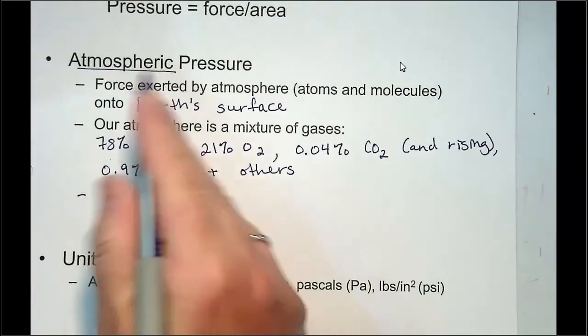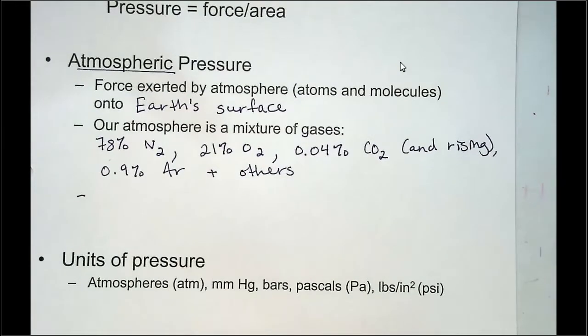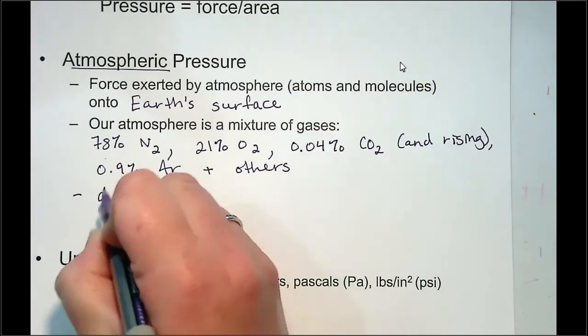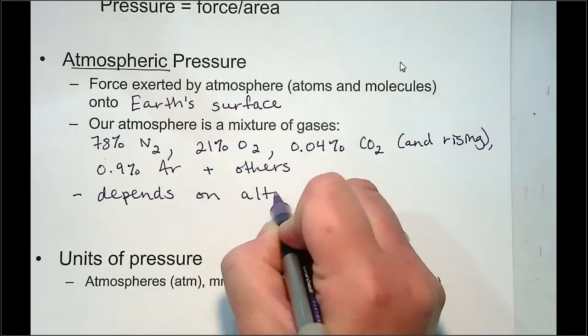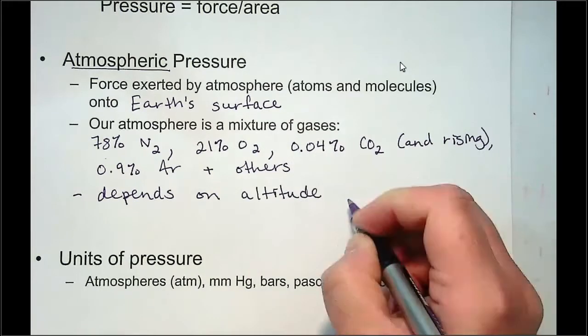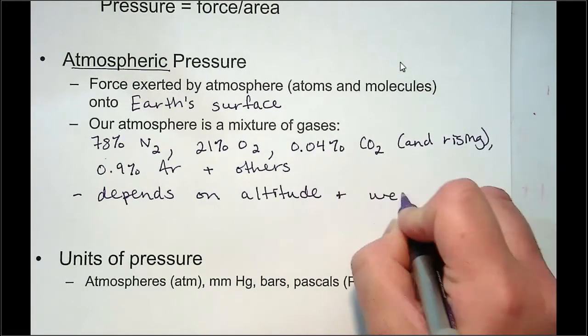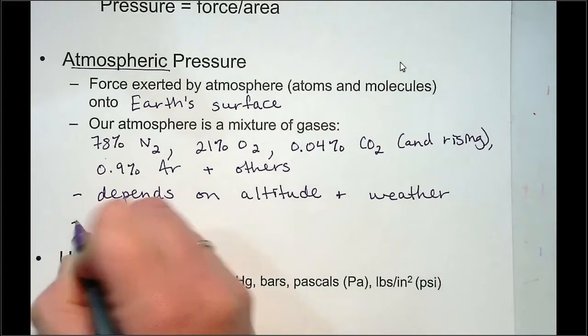The actual pressure of the atmosphere that gets exerted on a single day depends on your altitude, so how far you are from sea level, and the weather on a given day. Okay?